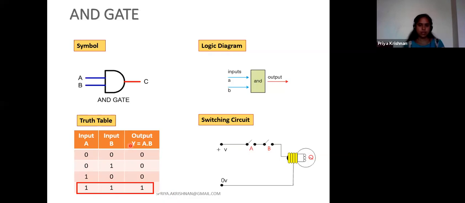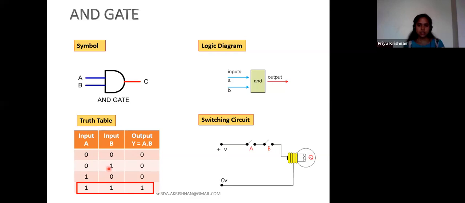And my output here: the AND gate does a logic function, the AND, so it does A dot B, A into B. Only if A is true and B is also true will the output be true. If both inputs are true, the output will be true. 0 is equal to false, and this 0 is also false, so both cases are false and the output is false.